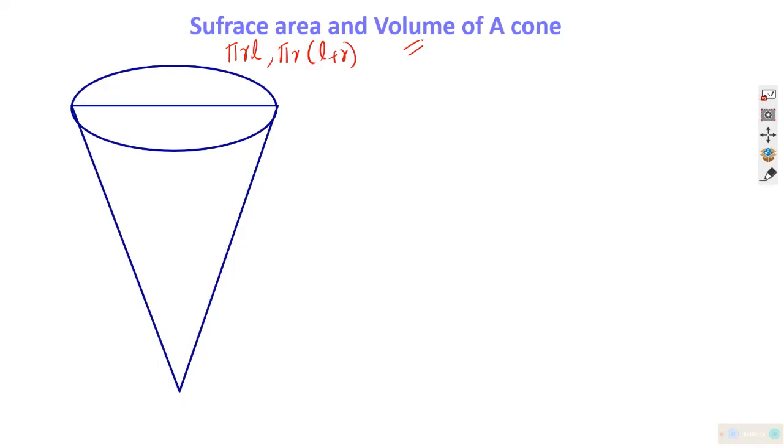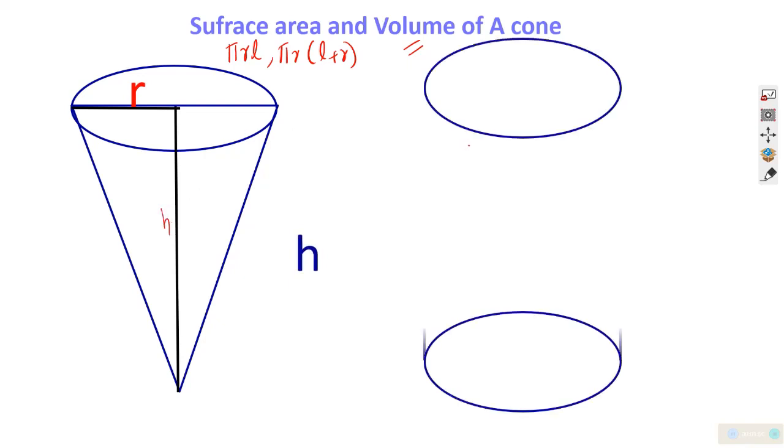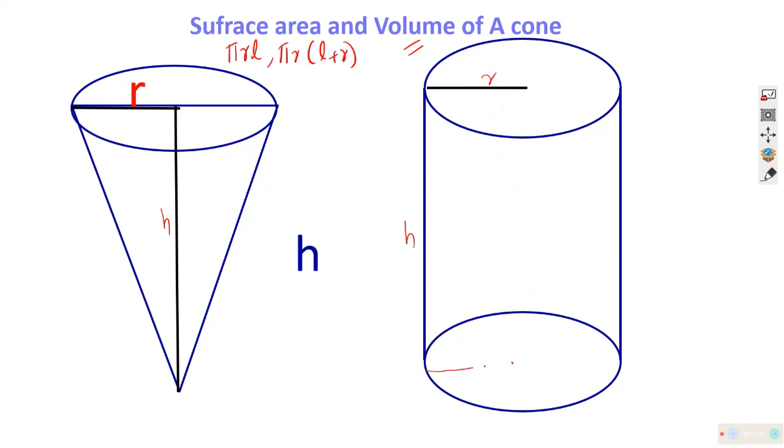This is a cone. You understand what a cone is now. This is its radius. This is its height. We are taking another cylinder of the same height. Understood? A cylinder and a cone. What is the peculiarity? Both have the same radius and the same height.